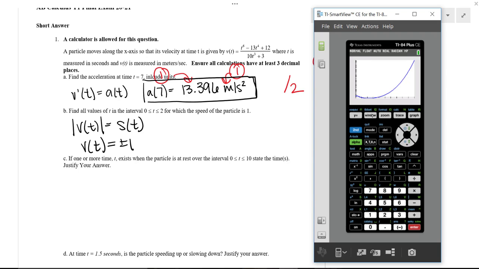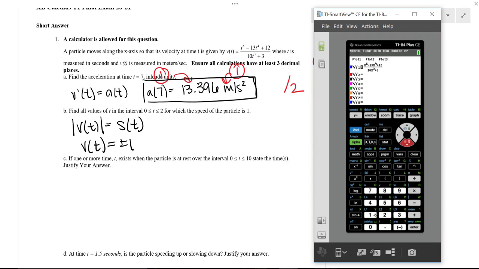So I might go to my window and make my x max like 5. I actually might change this guy. Let's do like a -5 to 20. So I'm looking for everywhere where it's +1 or -1, which on this interval from 0 to 2, it looks like it's going to be +1 one time and -1 another time. So let's get that done.